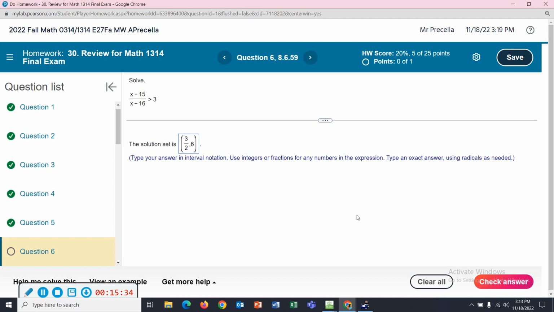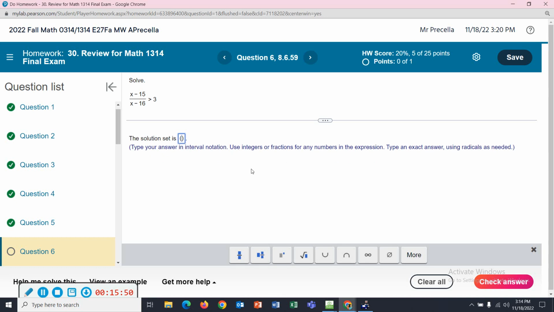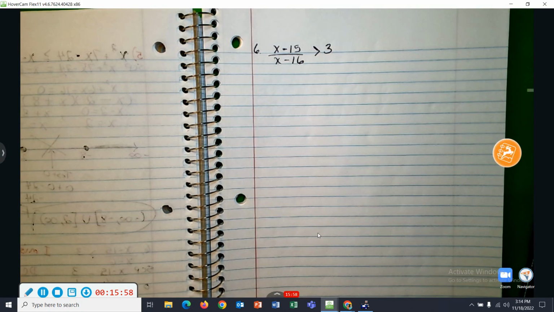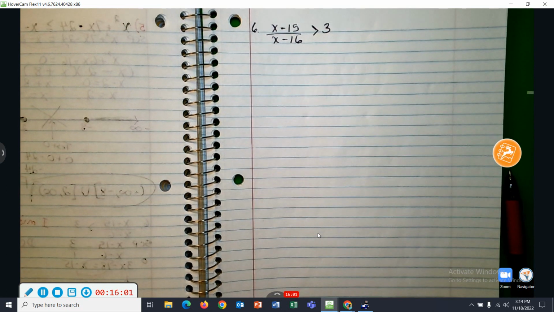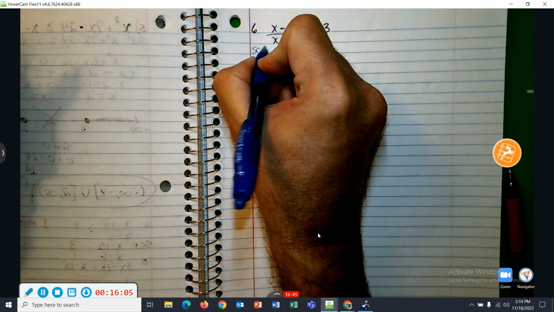x minus 15 over x minus 16 is greater than 3. Again, this answer here is wrong. Okay. Let me check once more. x minus 15 over x minus 16 is greater than 3. Okay. Solution cut point.